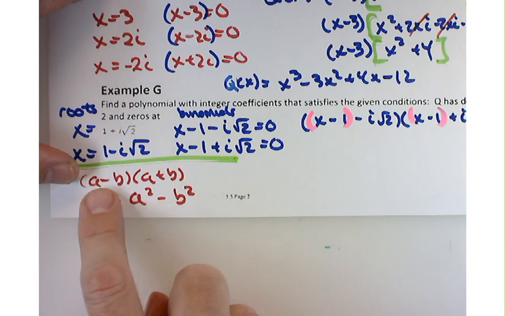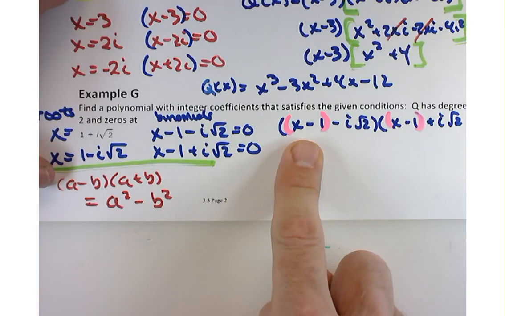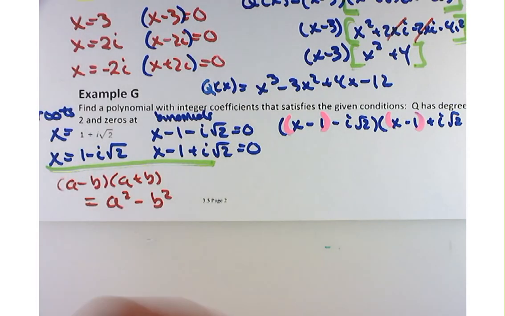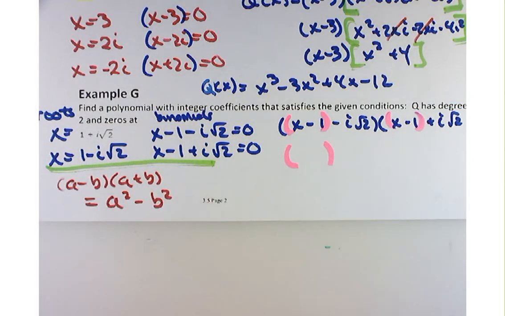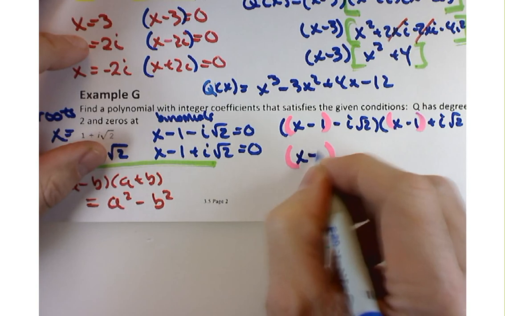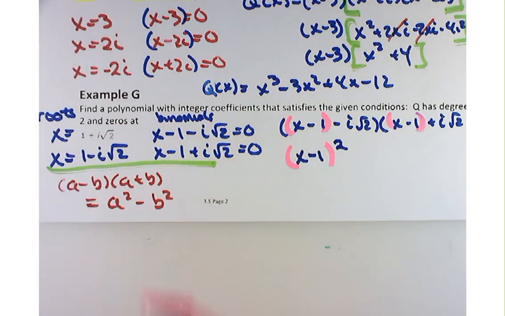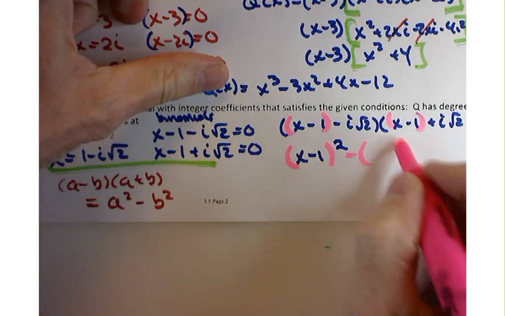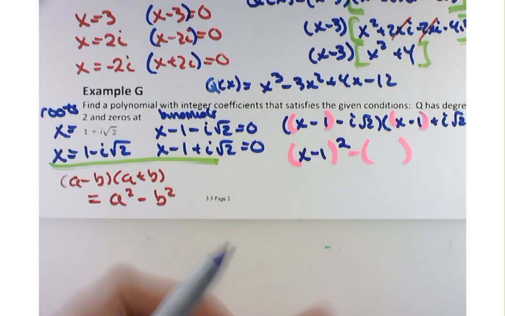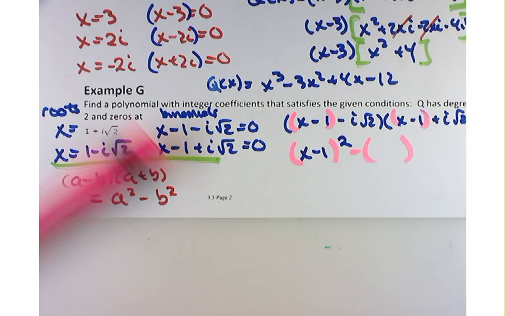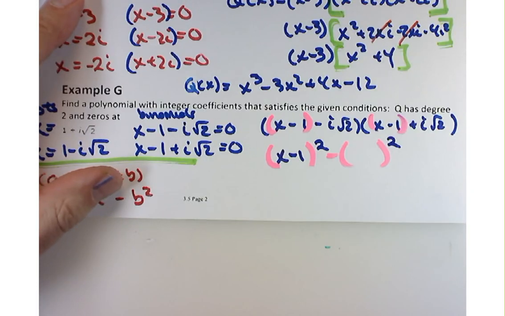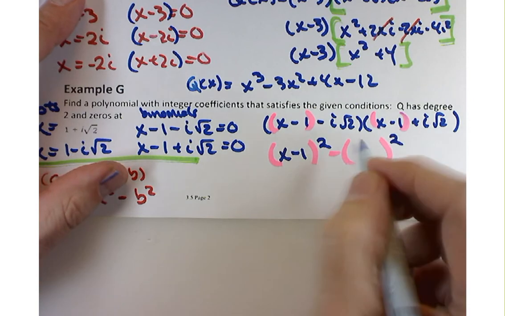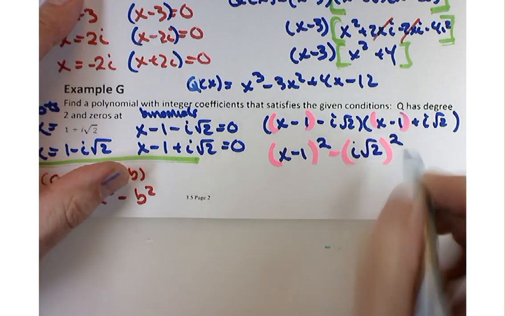Except what's my a over here? x minus 1. So I'll get x minus 1 squared, minus something else squared. What's that other thing that gets squared? What's my b? Perfect, thank you. i times the square root of 2.